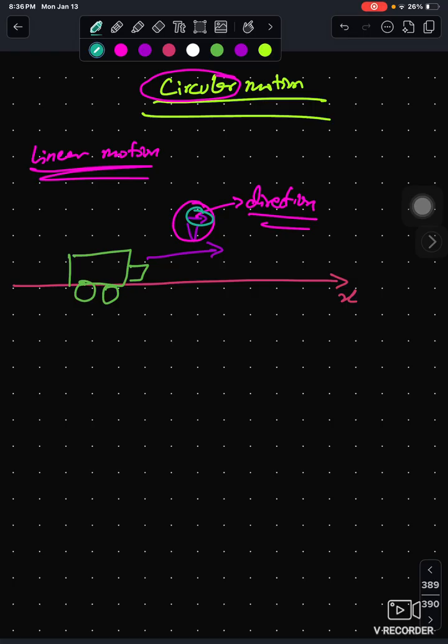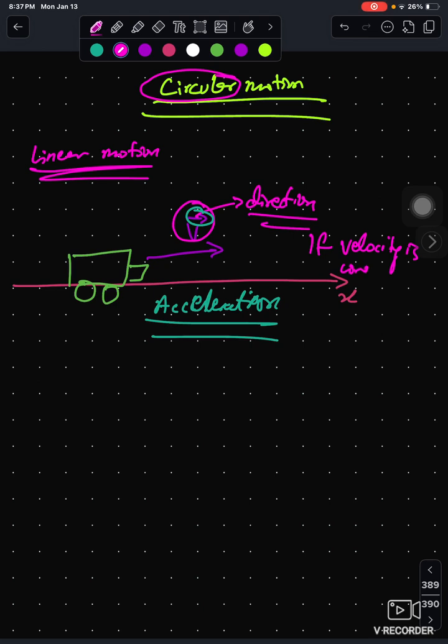Plus, if it has a velocity, it must have acceleration as well, on the condition that it has a changing velocity. But if velocity is constant, then acceleration is 0.